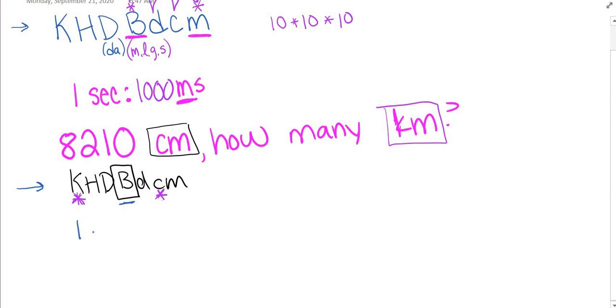So we know that 1 meter, and we're talking about meters in this problem, that'll be our base unit, is equal to, because remember we always have to stop at our base unit, centimeters. So we have to count. Hopscotch over 1, 2. So we only have to jump over 2 times, which remember would be 10 times 10, which gives us 100.